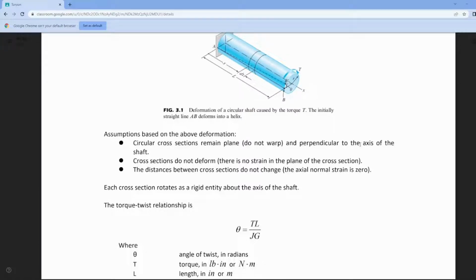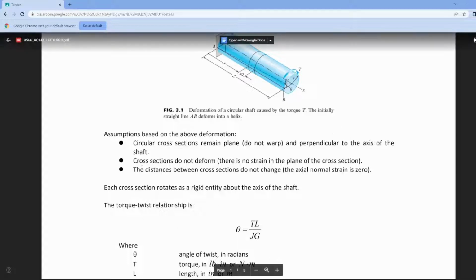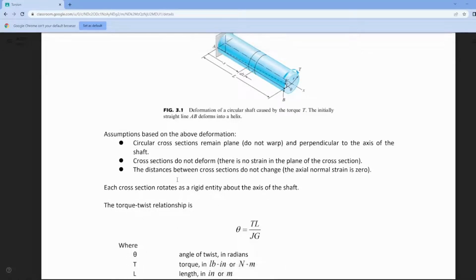They don't tilt. Next, cross-sections do not deform. There is no strain in the plane of the cross-section. So the body does not elongate or shrink. It just rotates.